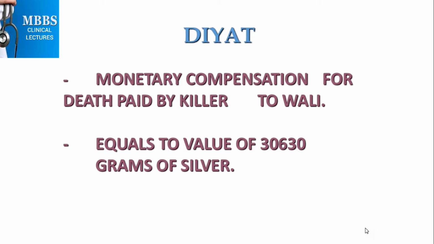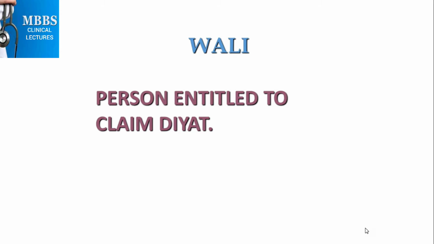So it depends upon the court orders, what the court decides. Monetary compensation for the death of a person is equal to the value of 30,630 grams of silver. The term wali, as we discussed, means the person who is entitled to claim diyat, or the legal heir of the victim.